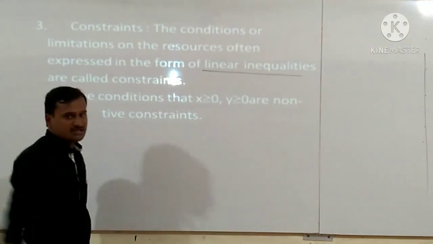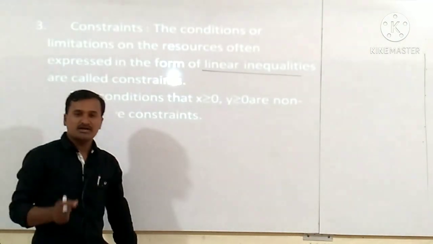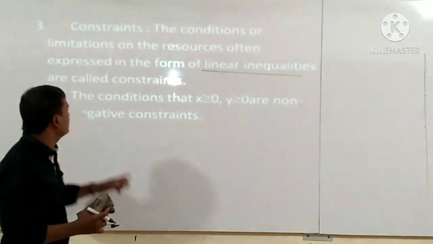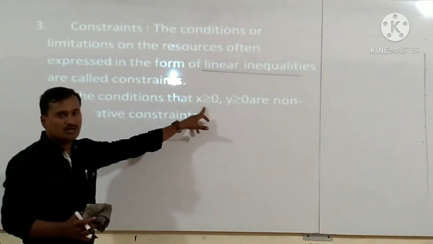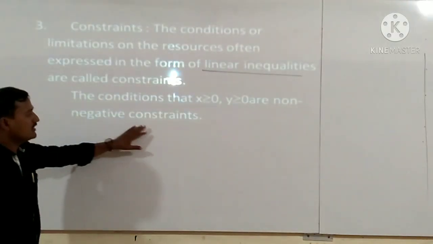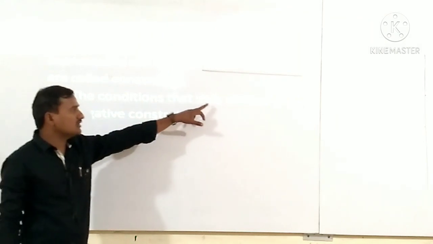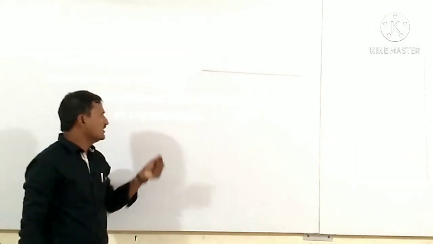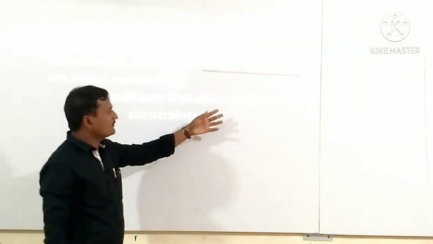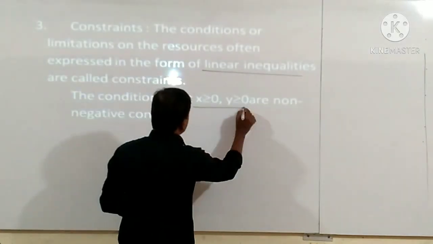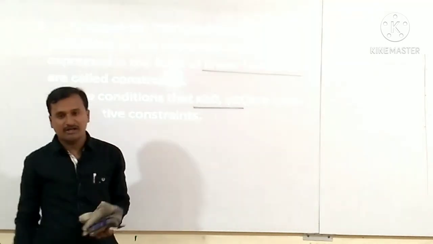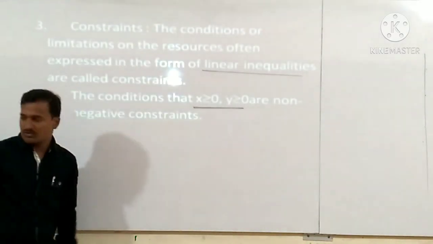The conditions that x is greater than or equal to 0 and y is greater than or equal to 0 are called non-negative constraints. For every problem, we should use these conditions. They must be there in all linear programming problems, okay, right. So this is about constraints.